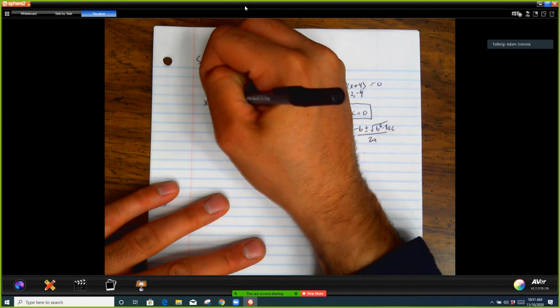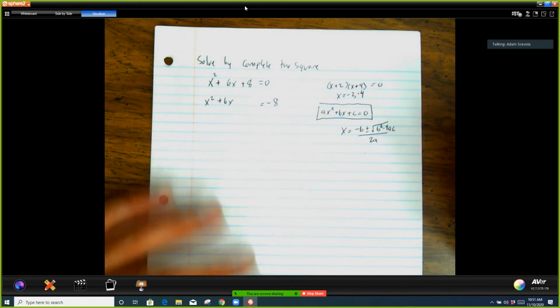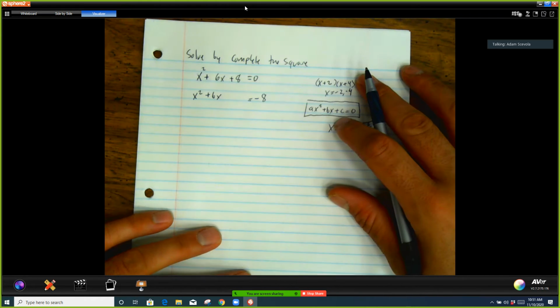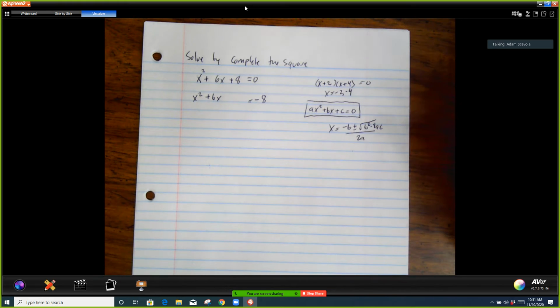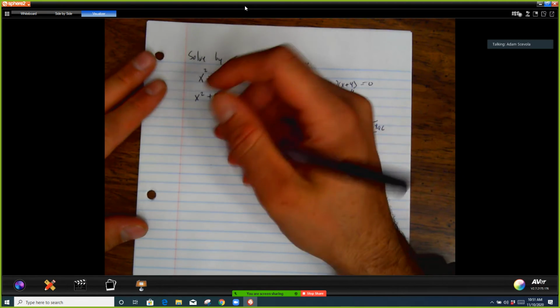So what the heck does that mean? What does it mean to complete the square? Well, if we were to draw a geometric representation of this, if I drew a square that had length x, this area would be x squared.